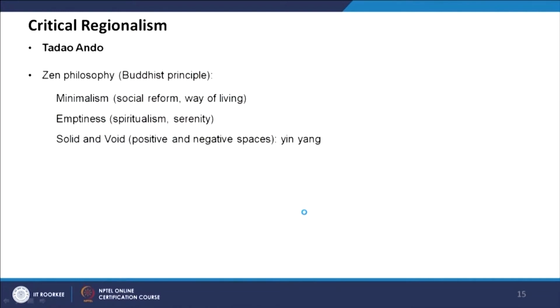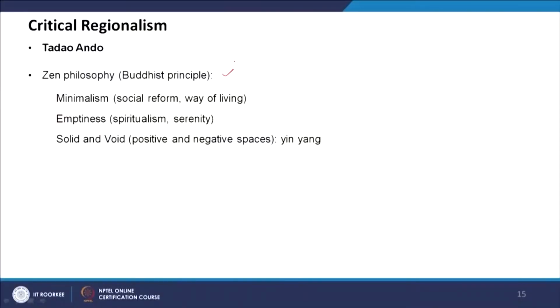Then another famous architect of critical regionalism was Tadao Ando, from Japan. His philosophy comes from the Buddhist principle of Zen philosophy.